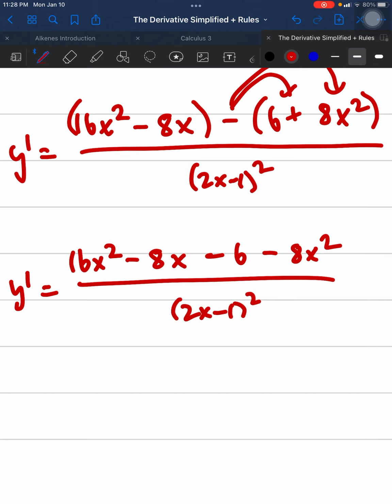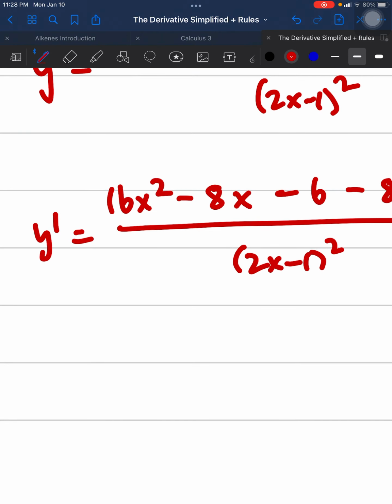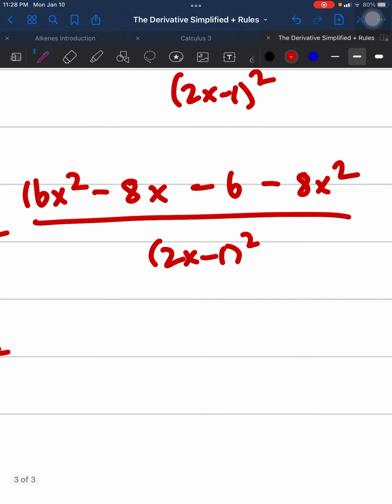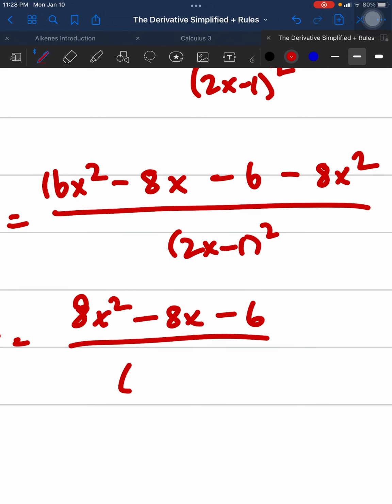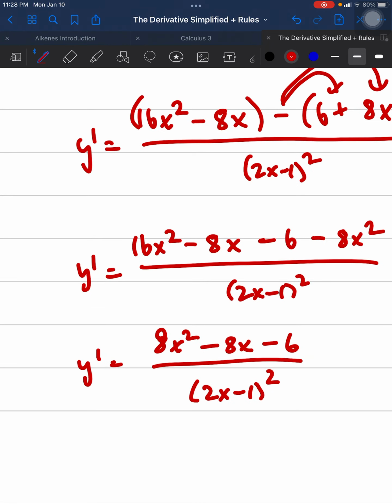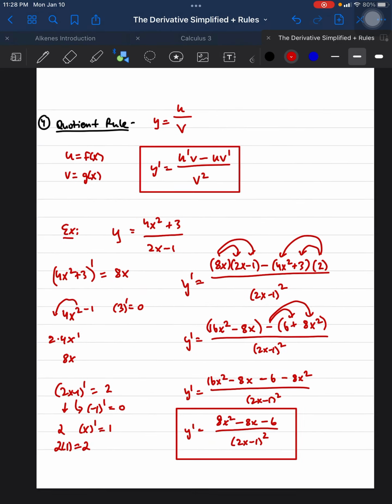Now we add like terms in the numerator, and we get 8x squared minus 8x minus 6 over (2x minus 1) squared. And our final simplified derivative is this.